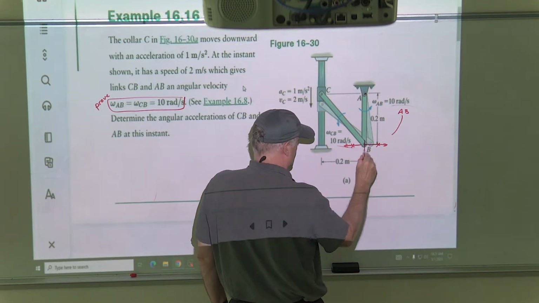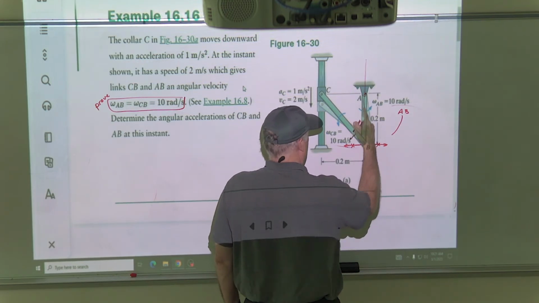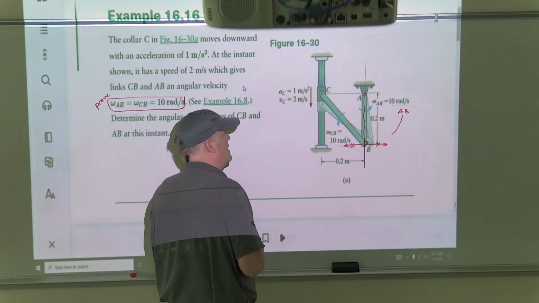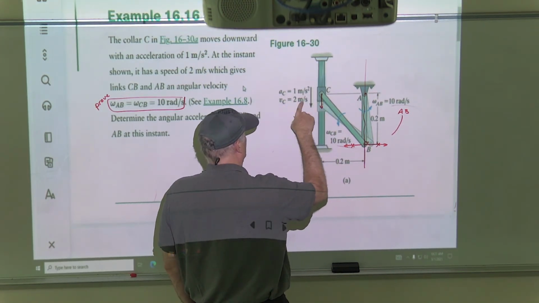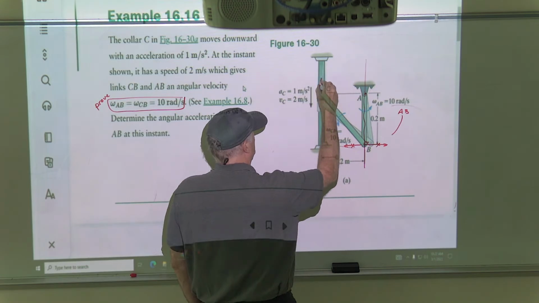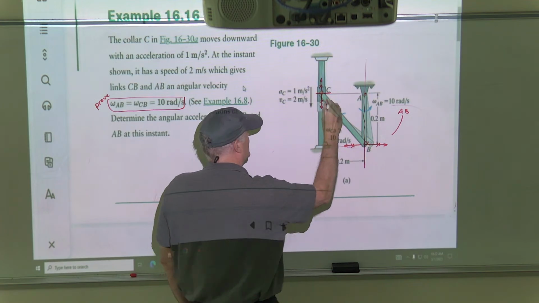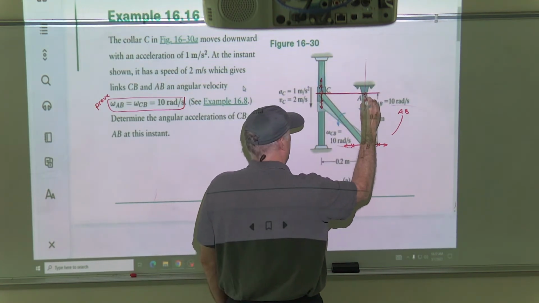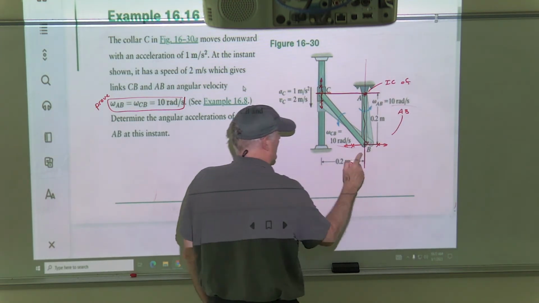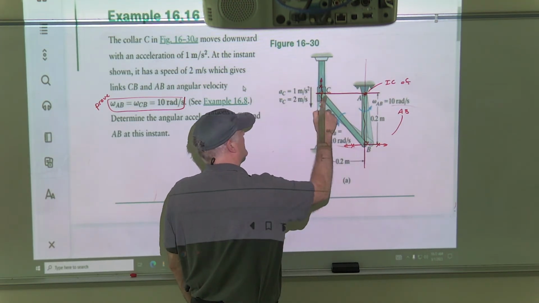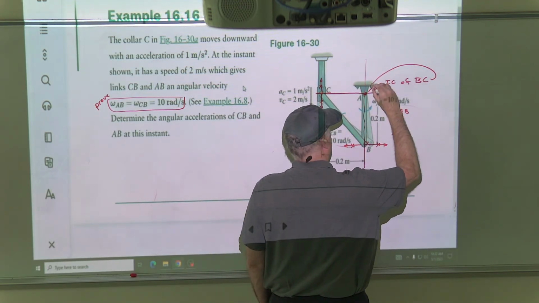Once I know its direction, I'll pass a perpendicular straight line, but it's a little wiggly. This one, I know it's going down because he told me, but it really doesn't matter which way it's going. It just matters that I know the direction it's going. And so I'll pass perpendicular through there. So the instant center of, okay, now I found B, I found C, so this is BC, is right there.